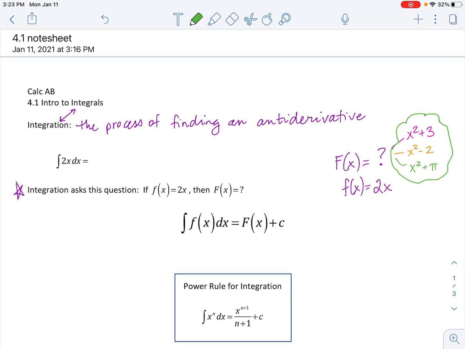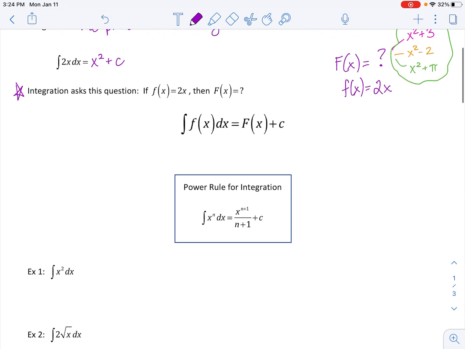So the answer to this question originally looks like this: the integral of 2x dx equals x squared plus c. That c represents the constant that could be any number, because they all come down to the same derivative.